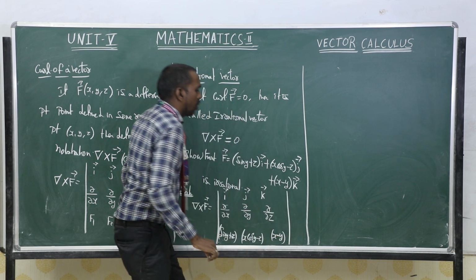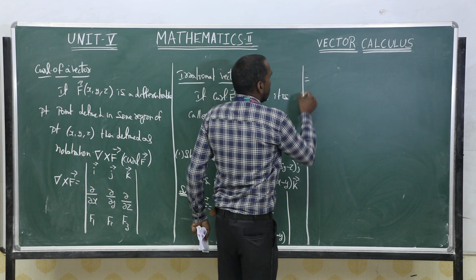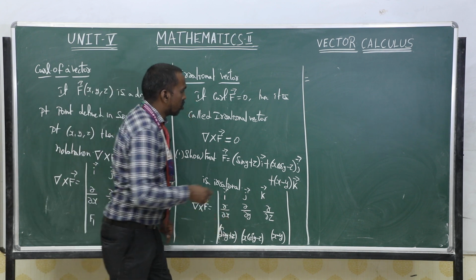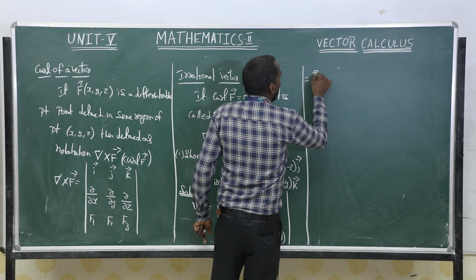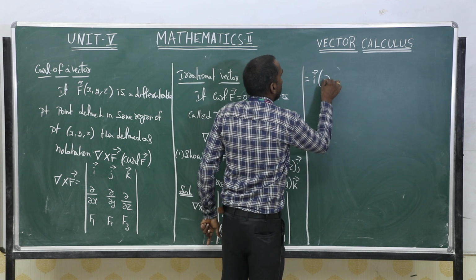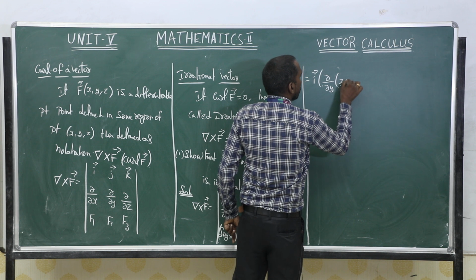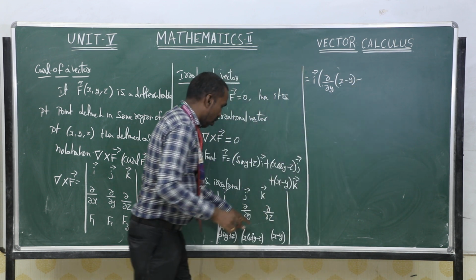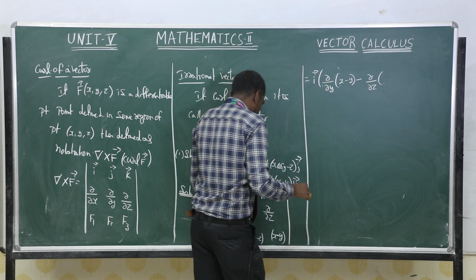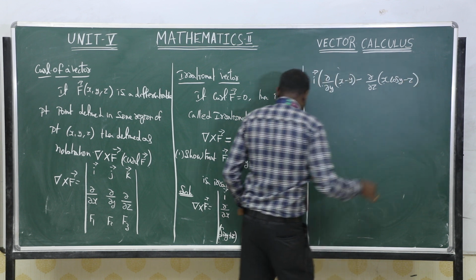Now I find the determinant. I vector into dou by dou y of x minus y, minus dou by dou z of x cos y minus z.